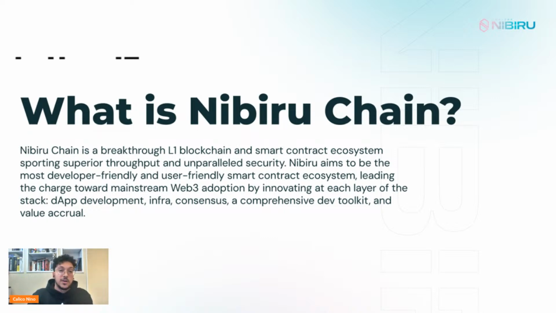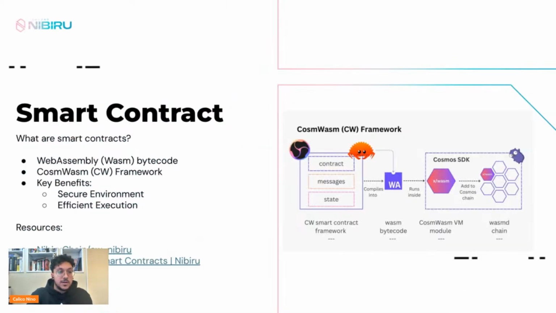So what is a smart contract? A smart contract is basically a piece of WebAssembly bytecode deployed on Nibiru chain. This bytecode contains the logic for handling transactions and state changes according to the rules defined in the smart contract. The way these smart contracts add this logic is using a framework called CosmWasm, which is a set of tools, libraries, and conventions for developing smart contracts on Nibiru.